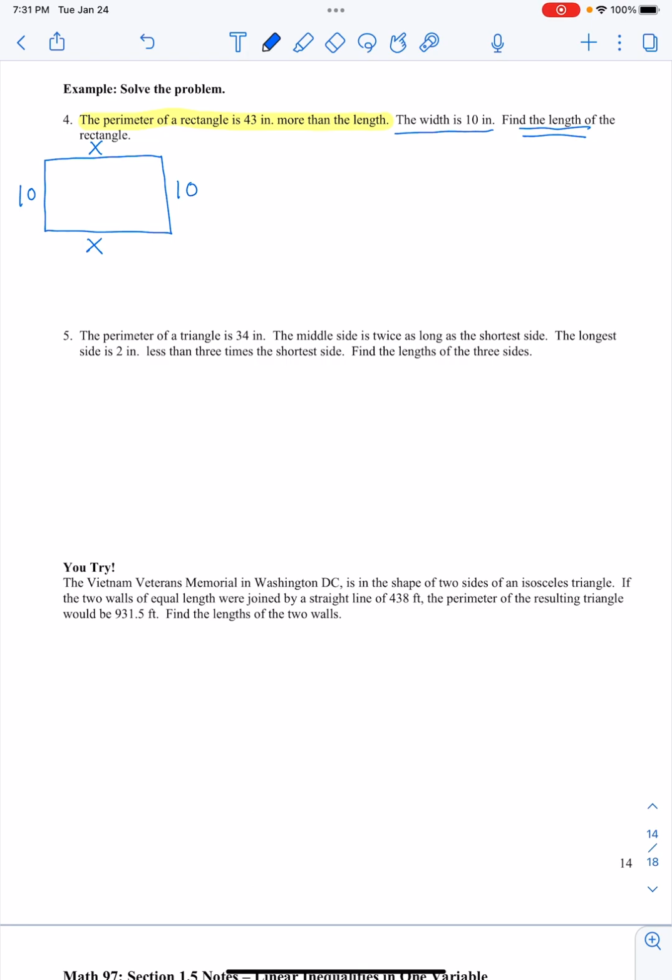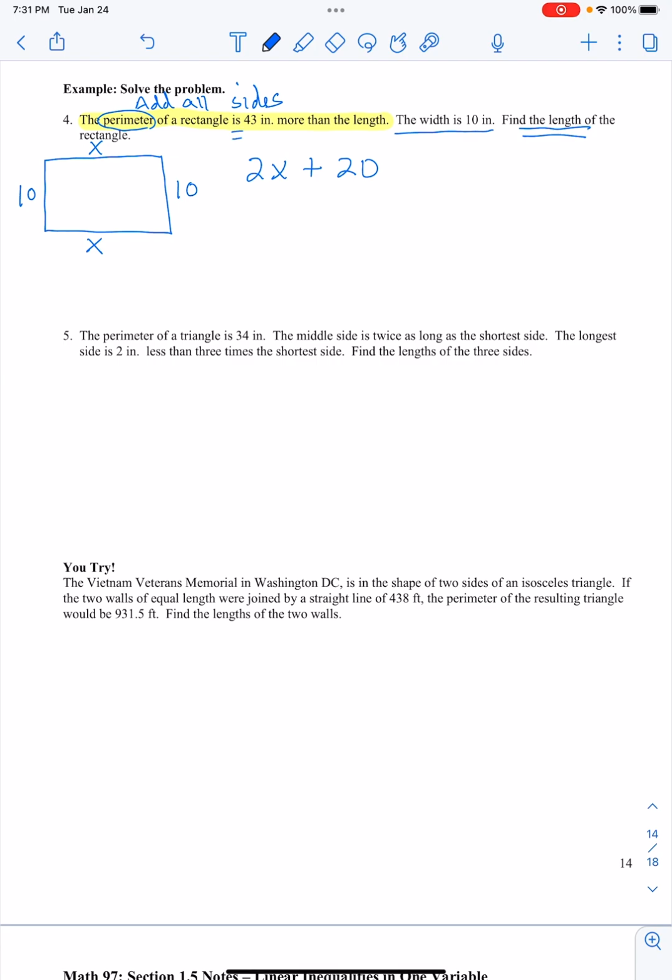Now this sentence right here, we have to translate properly. So perimeter of a rectangle means to add all sides. So if we add all the way around the picture we drew, we have x in there twice, so we'd say 2x, plus we have 10 in there twice, so we would say 20. So 2x plus 20 is our perimeter.